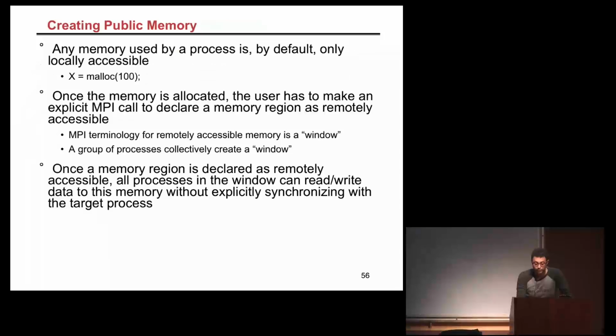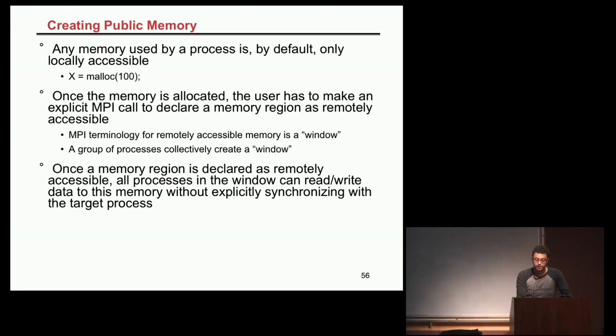So what happens is whenever you call malloc or new, all that data is local. If you want to make your local memory accessible to other processors, you have to attach a so-called window to it. That window is MPI terminology for the memory segment that you made available to other processes.